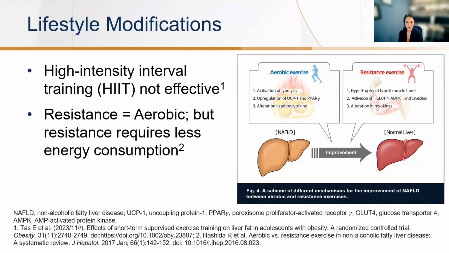It is because the energy needed to invest in resistance, meaning lifting weights, is less than in aerobic exercise, such as hopping on your treadmill to run. So this is a good takeaway for ourselves as well. If you're here to improve MASH, between the weights and the treadmill, maybe it is better to choose the treadmill.